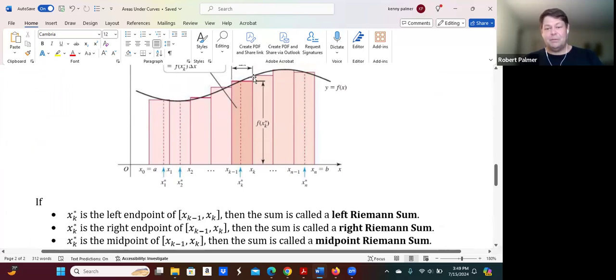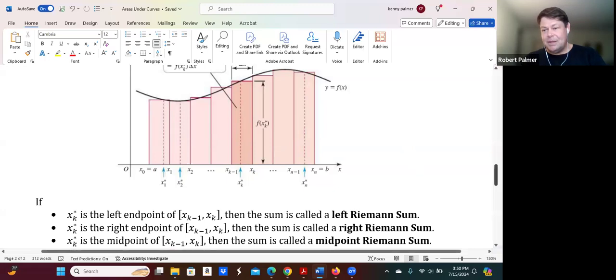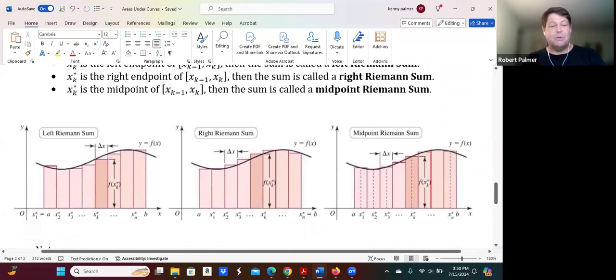If you use the right endpoint of your rectangle, that's a right Riemann sum. And if you use the midpoint of your rectangle, that's called a midpoint Riemann sum. In general, it doesn't matter which one you do, because as we'll see in the future, when we talk about a limit, they all go to the same value. That's the idea.